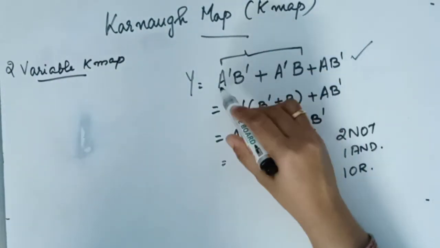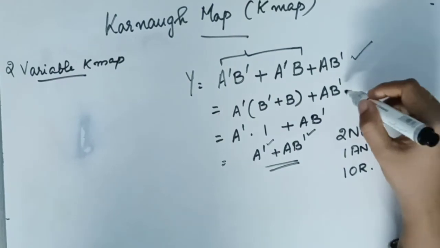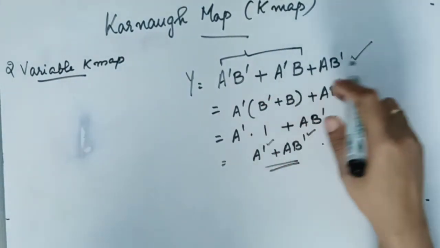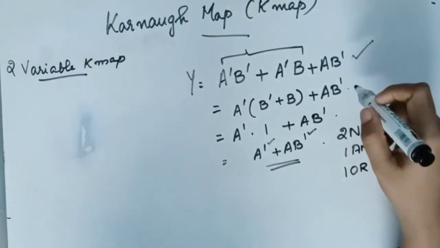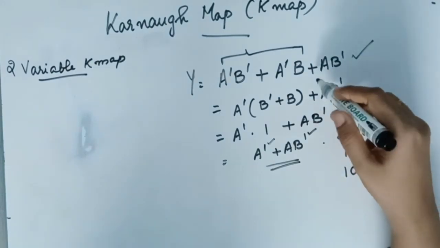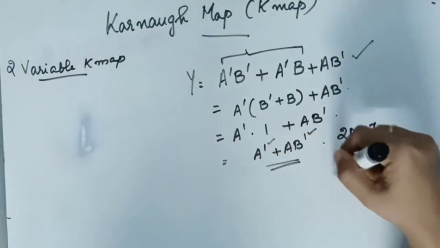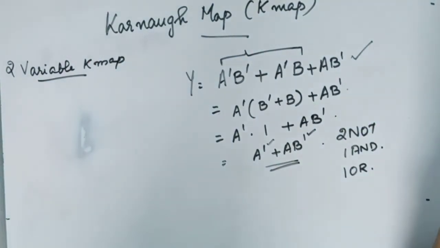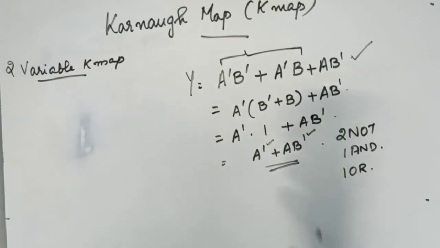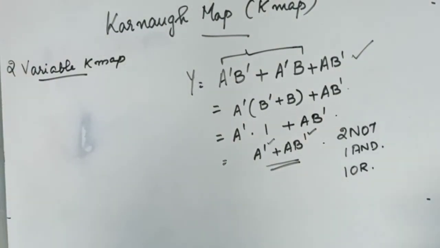This is your Boolean expression, and you needed 1, 2, 3. This is a simple expression, and for that you need this many steps to get this particular equation, and you need this many gates. There can be quite complicated expressions with 4 variables or so.